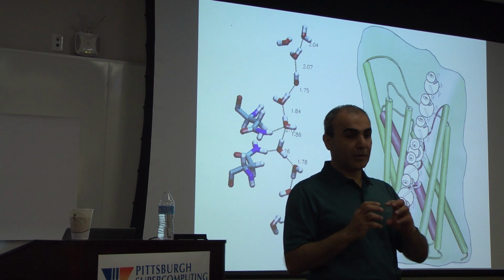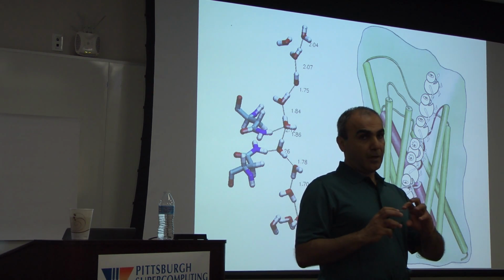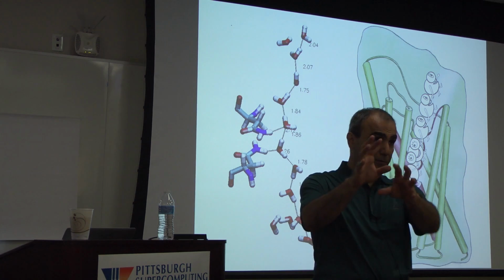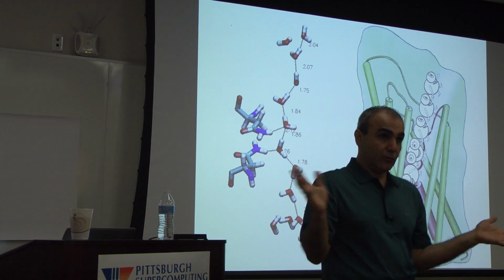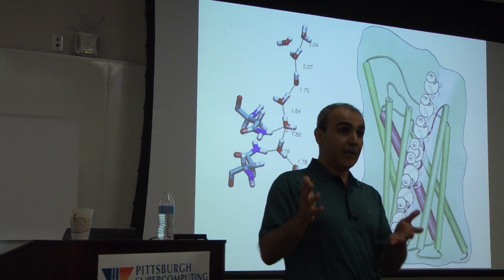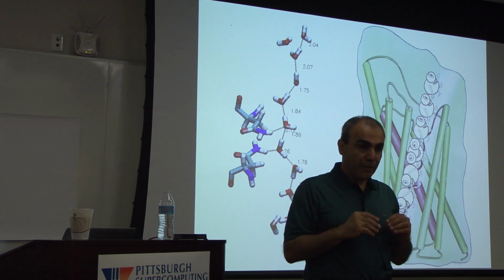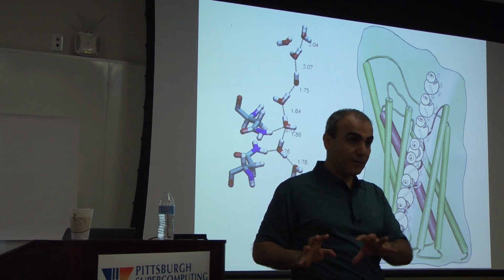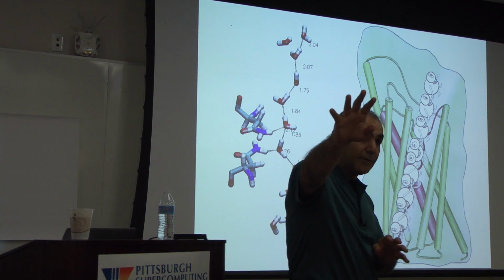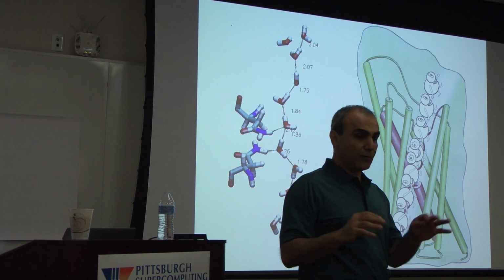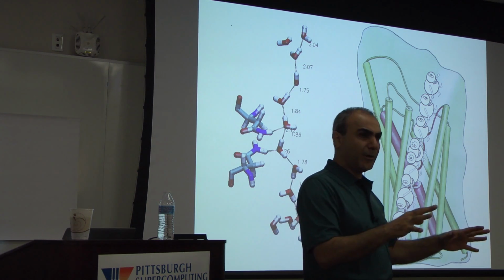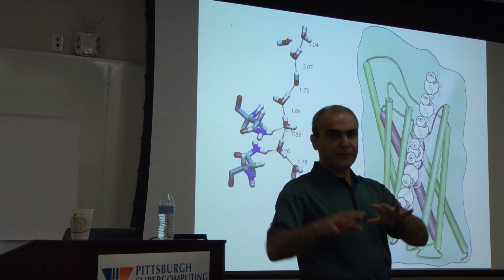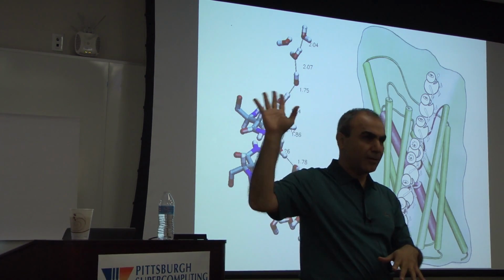We want to make sure that our protocol creates our end state. That's the number one criterion. You should get there; if it doesn't take you there, it's of no use. But then, once you're there, how much work, how much effort did it take using those manipulations to go there? In the first round you get some idea, oh, this is too hard, this is 500 kilocalories per mole higher, forget about that.